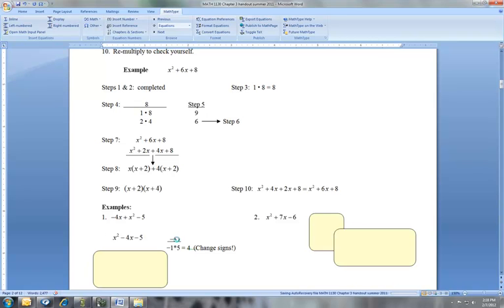So I write down my -5, so I've got -1 times 5. That gives me this, but if I add them, it gives me 4. Remember, I need to add these, and I've got to get the exact same thing here. If you've got the right number, wrong sign, change them both. Because if I change this to 1 times -5, I'll still have a -5, but then I'll end up with -4. And that's why I said change signs.